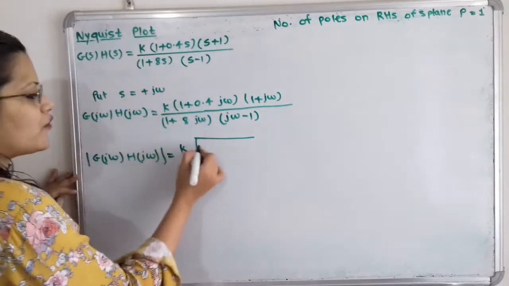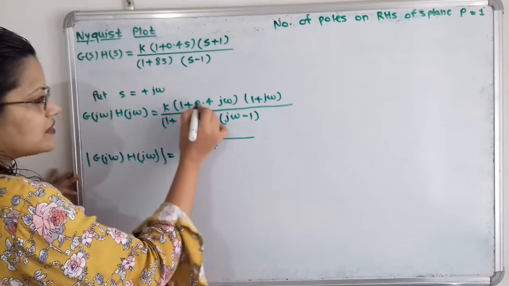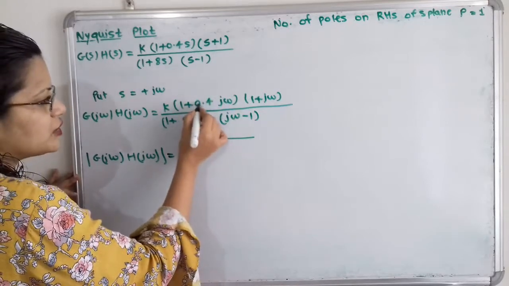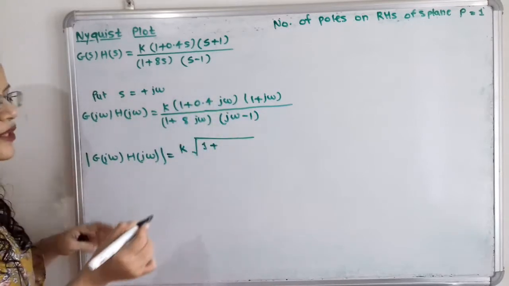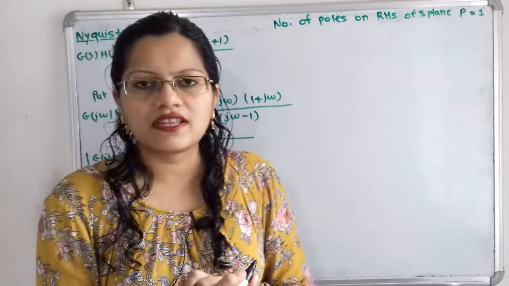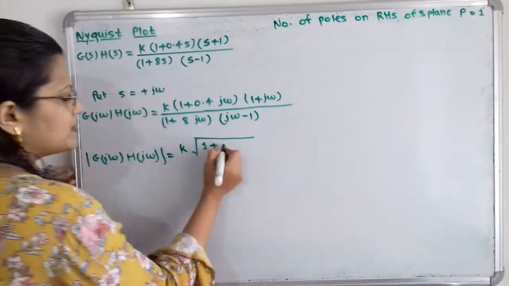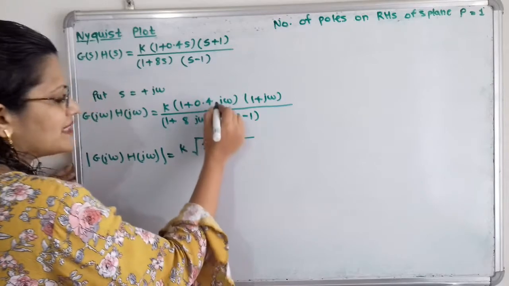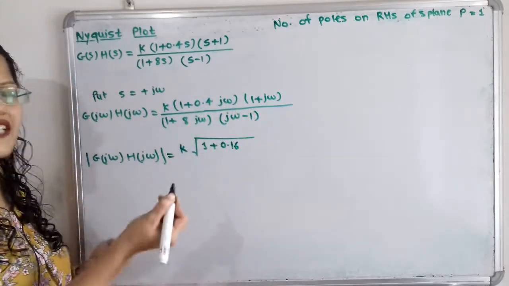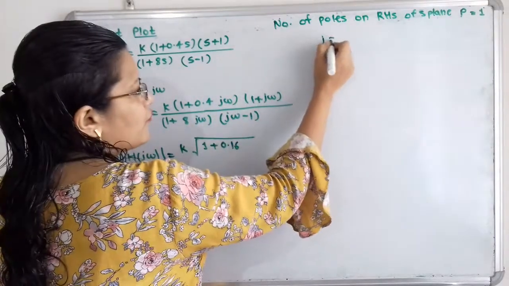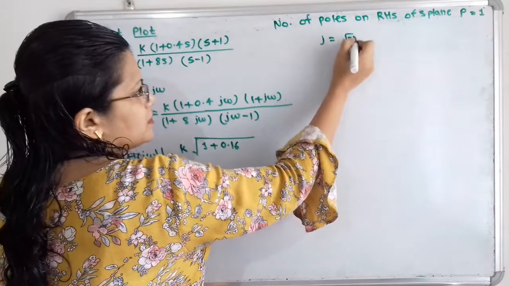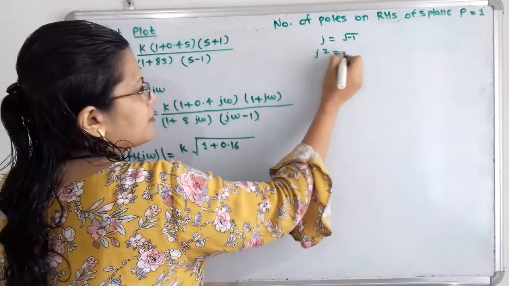What is the square of 1? That is 1. And what is the square of this 0.4 j omega? So 0.4 squared, that is 0.16. Now j squared: we know that j is equal to the square root of minus 1, so j squared is equal to minus 1.